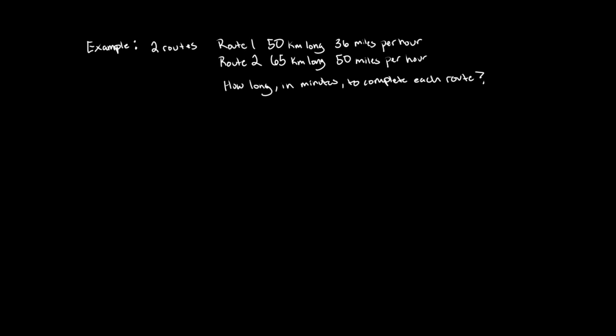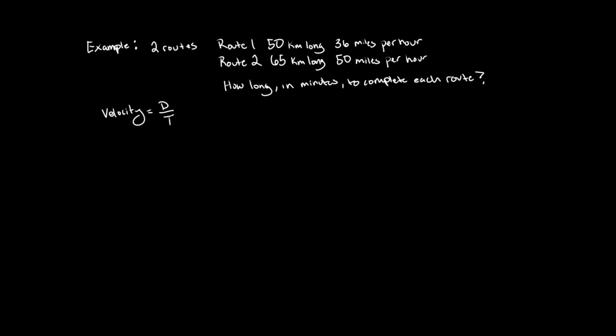So first, we have to understand that velocity is equal to a distance per a time. Okay? Velocity can also be referred to as speed or however you want to refer to it. Now, this could be algebraically manipulated.